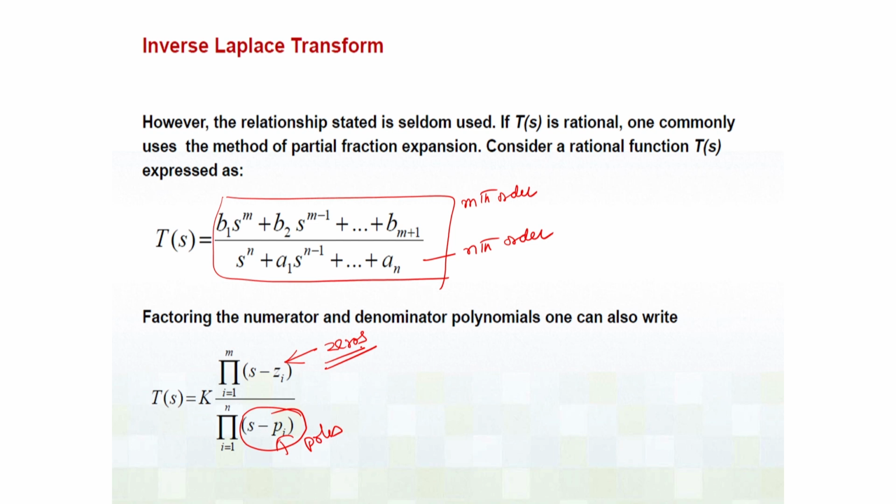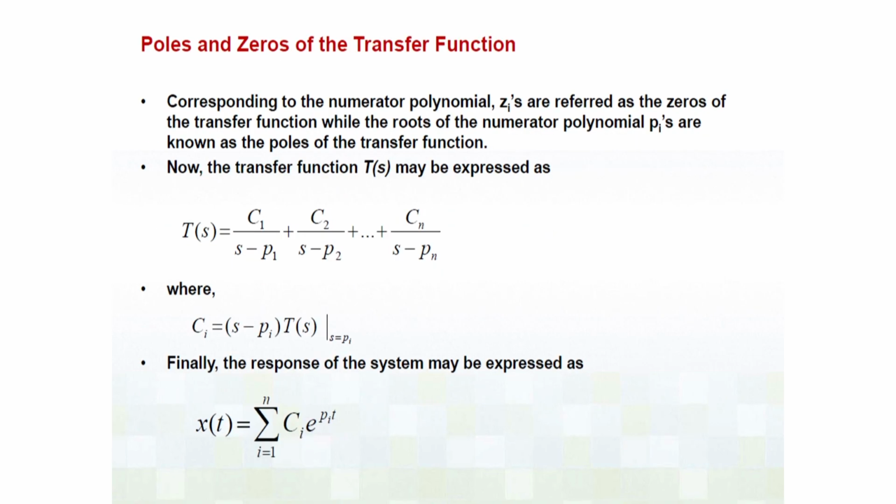So, this pole-zero representation then becomes useful, and that can be further used for the inverse Laplace transformation, because then the T(s) can be written in terms of each of the n number of poles, where Ci, the constant corresponding to that, can be found out from this relationship, and once I do it, then the final response can be written in terms of these constants. Remember, this is valid as long as you have n distinct poles in the system.